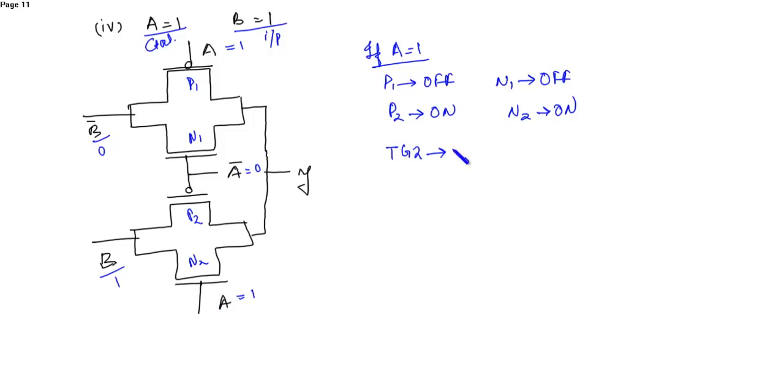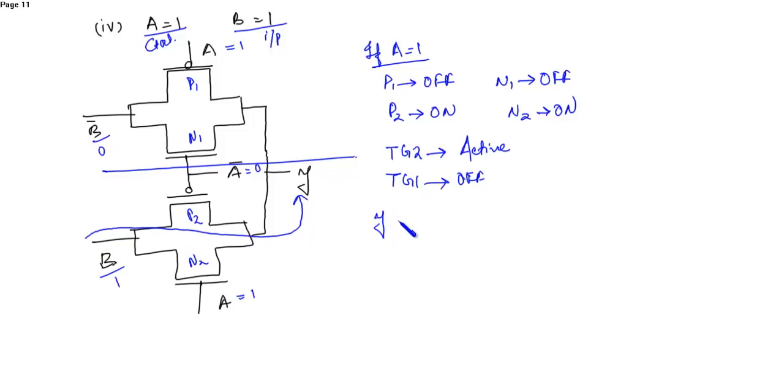So transmission gate 2 is now active while transmission gate 1 is off. So this input B will travel again to the output. So Y is equal to B. Here B is 1. So when A is equal to 1, B is equal to 1, then the output of an XNOR gate is 1. So this is verified.